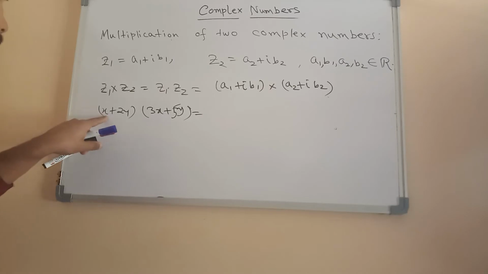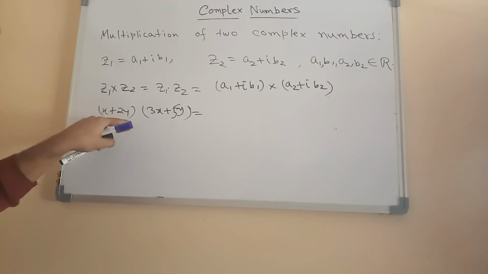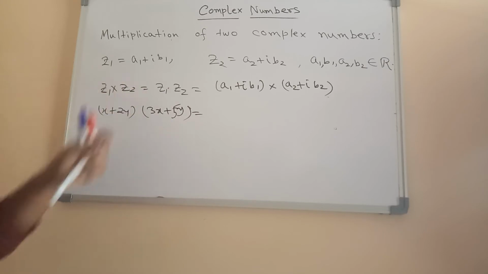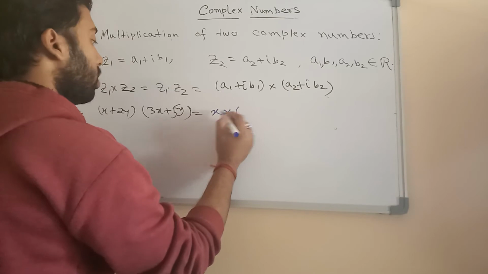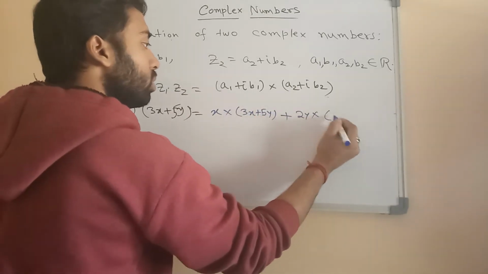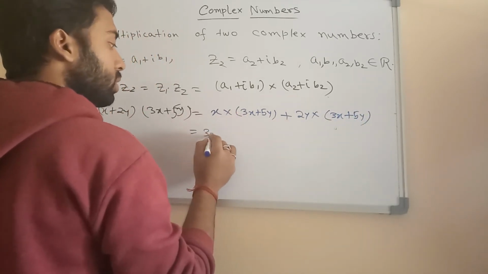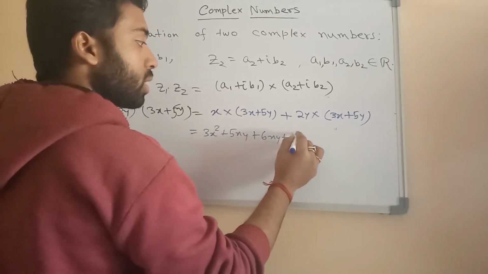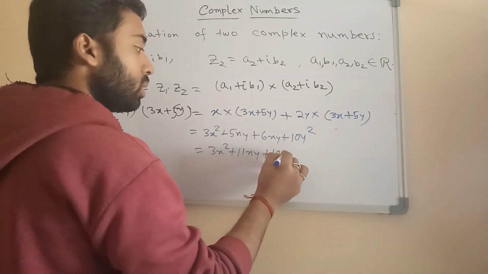We first take the multiplication of x with 3x plus 5y, then 2y into 3x plus 5y. So that becomes 3x square plus 5xy plus 6xy plus 10y square. So it is 3x square plus 11xy plus 10y square.